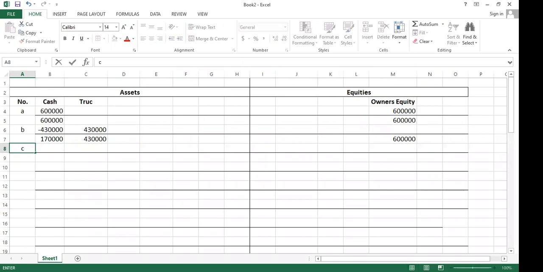C. Equipment purchased on credit for 9,000.